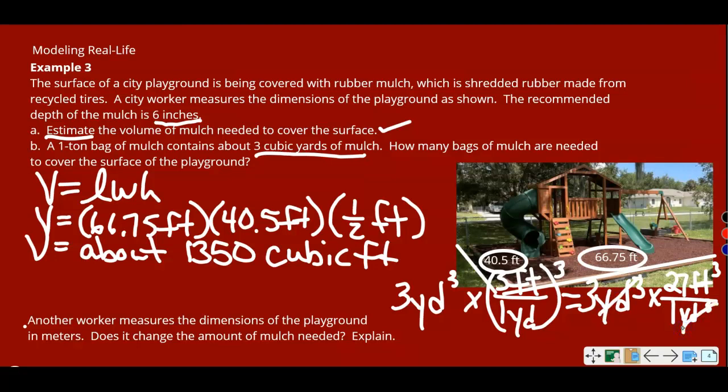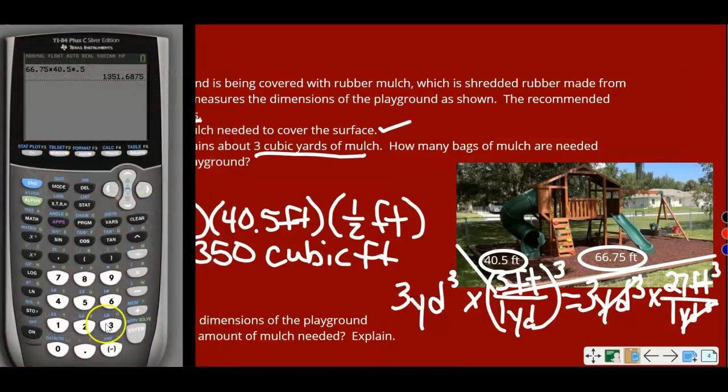And that's going to leave us with 3. And 3 is here because 3 cubic yards is how much 1 bag of mulch covers. And we know that 27 feet cubed is in 1 cubic yard. So we're going to do 3 times 27. And 3 times 27, I believe, is 81.